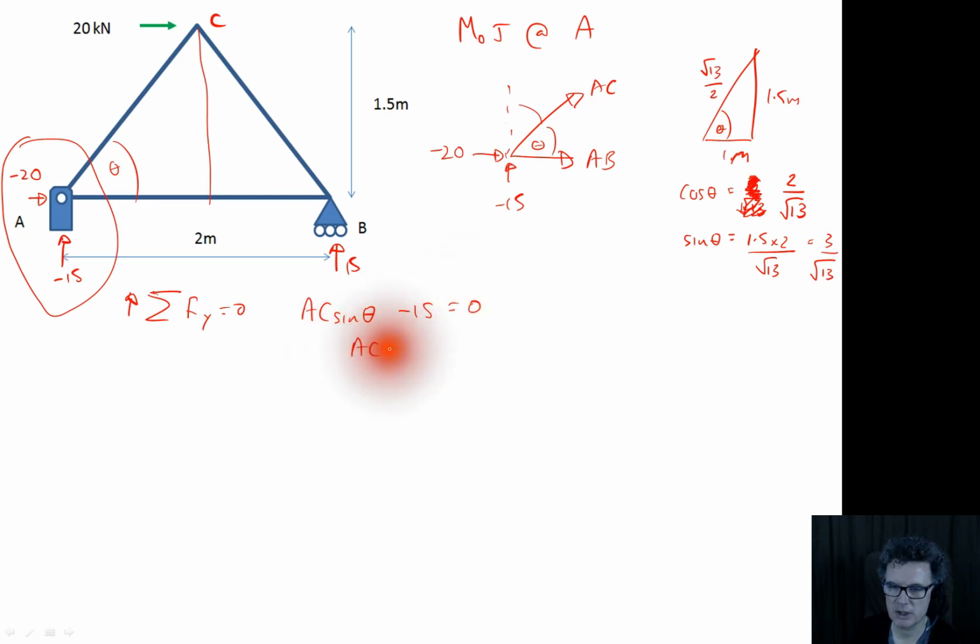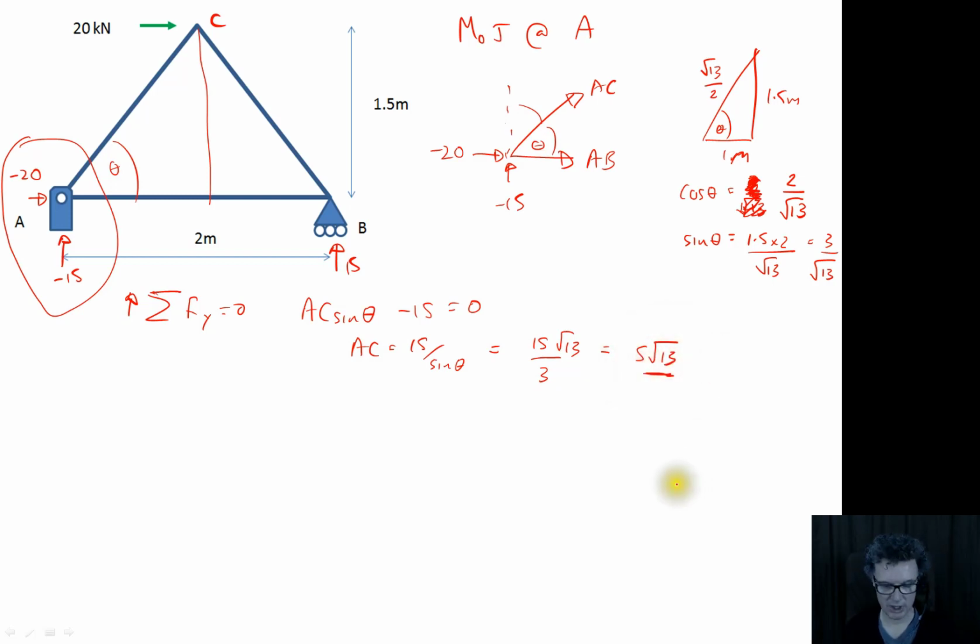So that gives me AC equals 15 divided by sine theta. Sine theta is this thing here, so that gives me 15 over 3 root 13. So that's going to go 5 root 13. So that's found the AC one.